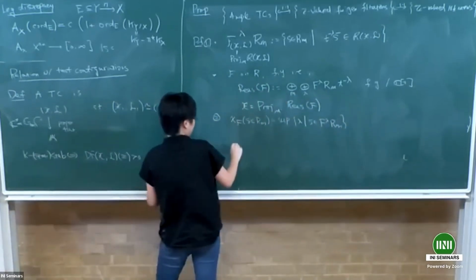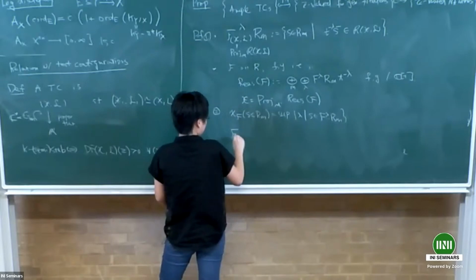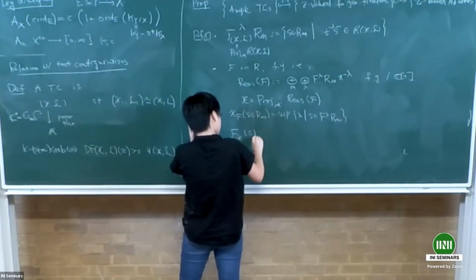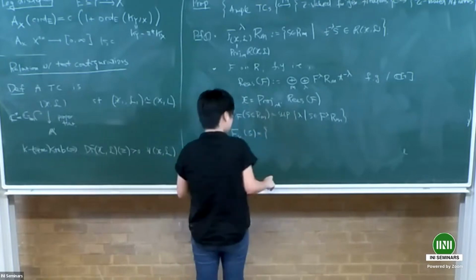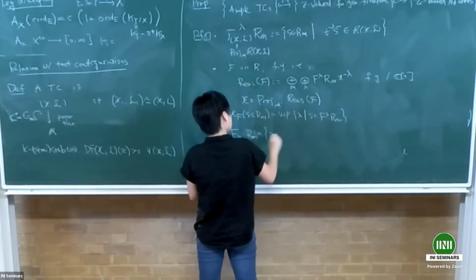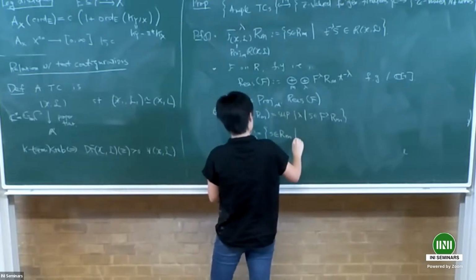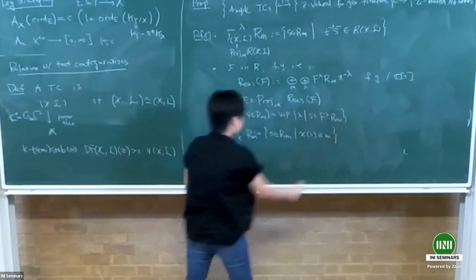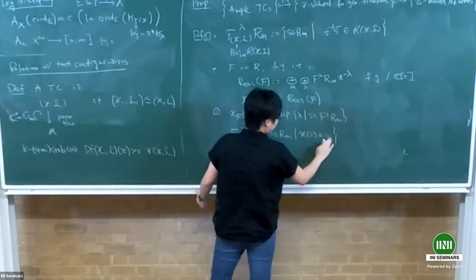And conversely, the filtration associated to a norm is going to be, in R_m, all the sections with norm at least lambda, sorry.